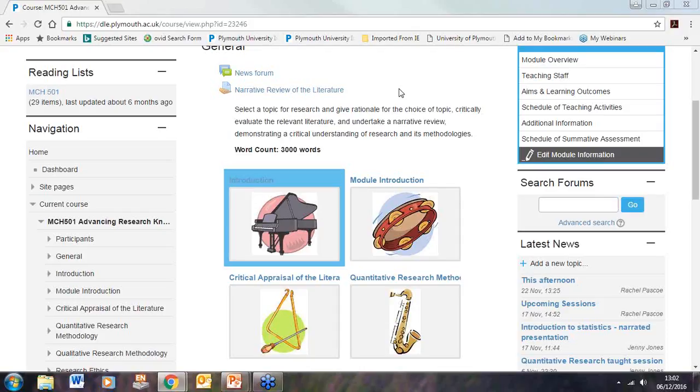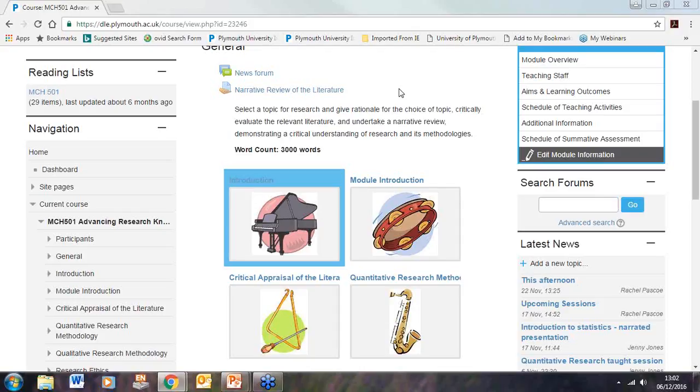So I would advise against submitting it in any other format than Word, because there can be compatibility issues.